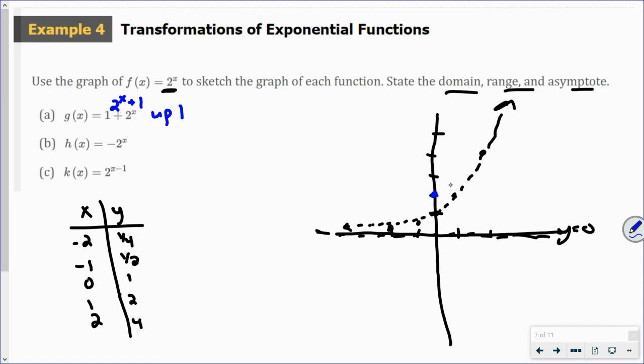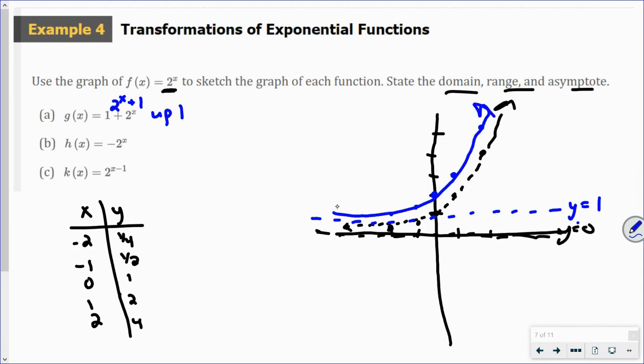This would go to 1, this from 2 to 3, this from 4 to 5, half to 1 1/2, a fourth to 1 1/4. Even your asymptote gets shifted up 1 spot, so now your asymptote is y equals 1, and your graph is going to look something like that.